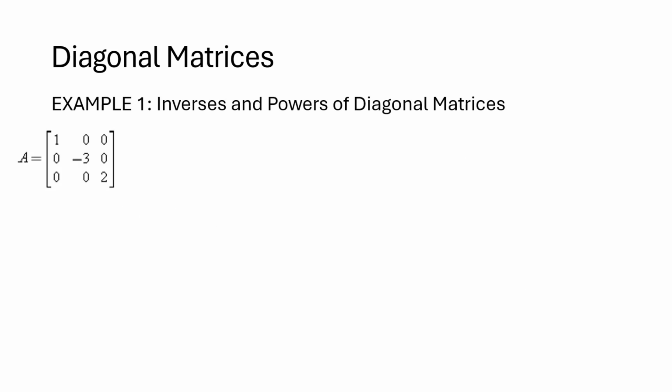Example: inverses and powers of diagonal matrices. You have a matrix A: 1 0 0, 0 negative 3 0, 0 0 2. In this case, the inverse of A would be 1 0 0, 0 negative 1/3 0, 0 0 1/2.